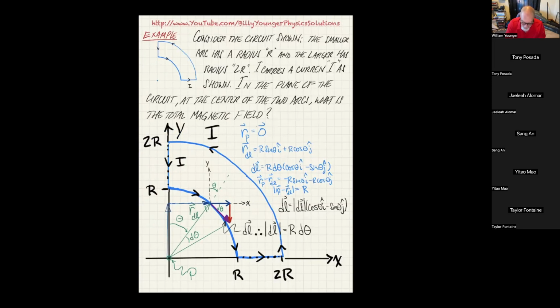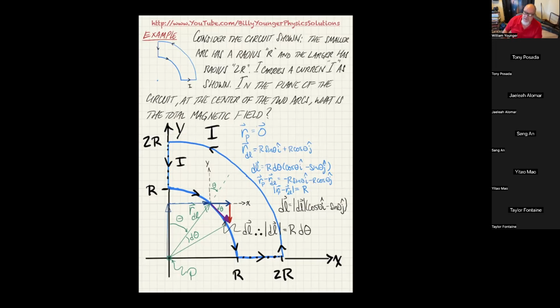If you take DL, that little purple vector, and use the right-hand rule with that one being the index finger and the opposite of RDL being the middle finger, then your thumb points in the proper direction. My DL vector goes this way, my RDL vector goes this way, and notice my thumb points into the page, which would be the negative k hat direction.